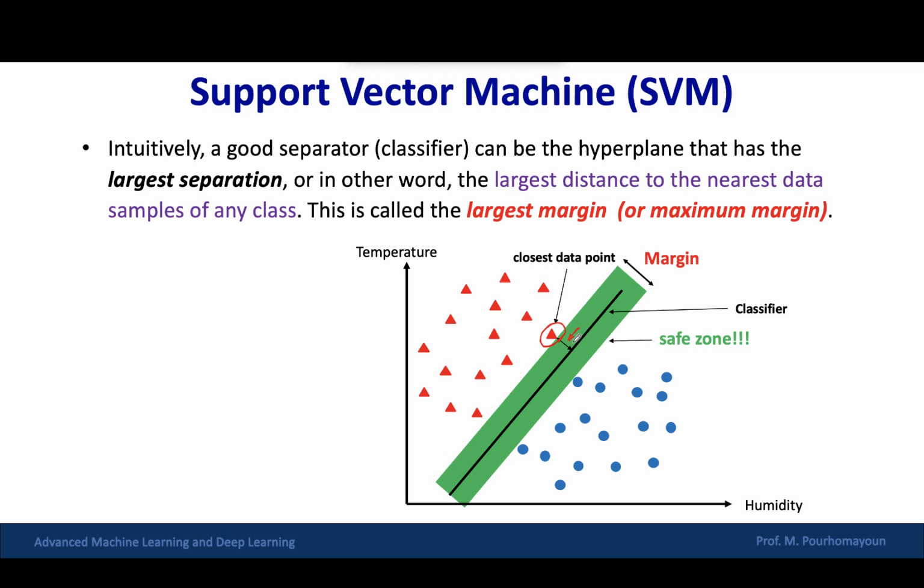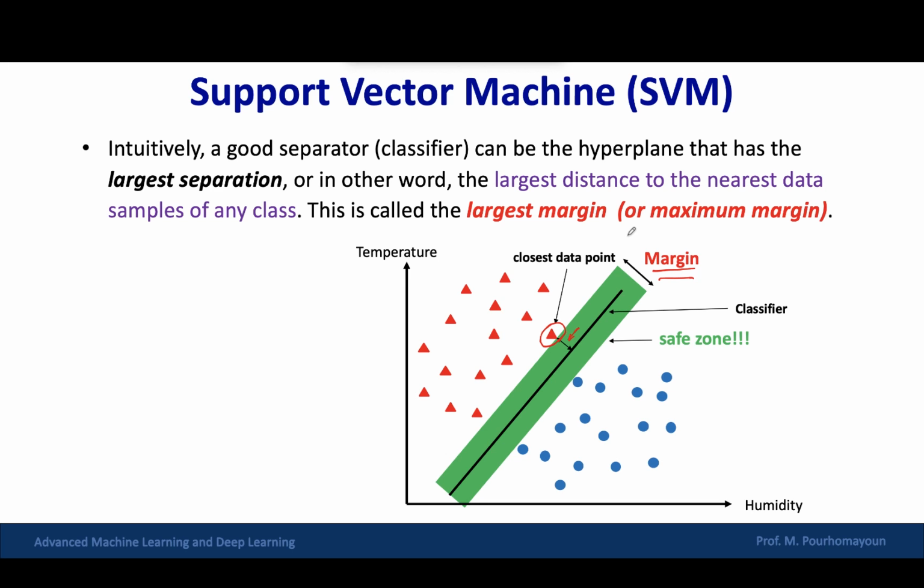So this is the nearest neighbor, in fact, and this is the closest distance. If you find this distance and double it, this green area is called margin, okay? It's a kind of a safe zone where there is no sample in it.